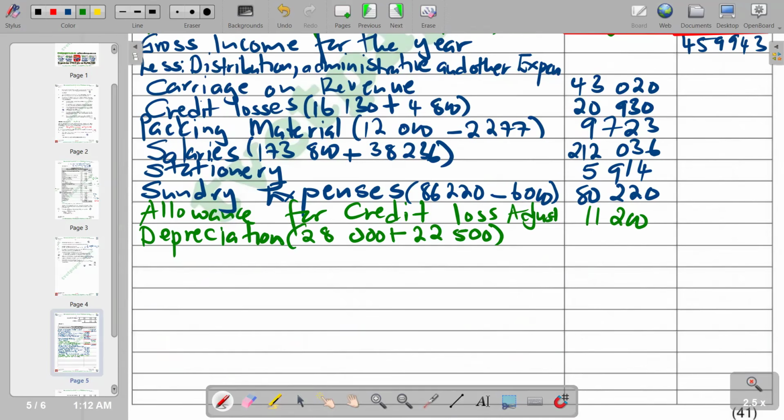What do we get? We get 50,500. So this is what we have on this part. And of course, we have to close so that we can find the total of the expenses.